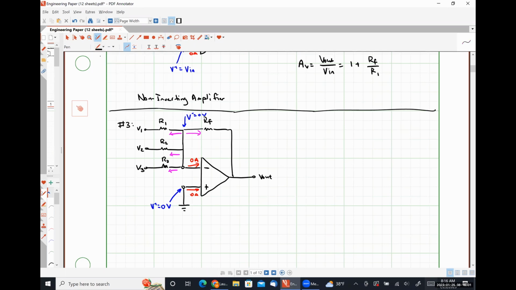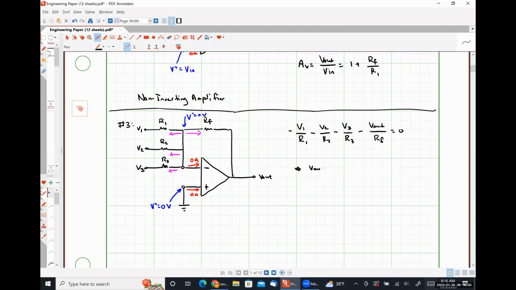And in this case, that's going to look like 0 minus V1, so negative V1 over R1, plus 0 minus V2 over R2, so minus V2 over R2. Similarly, minus V3 over R3, plus 0 minus V out, so negative V out over RF is equal to 0.